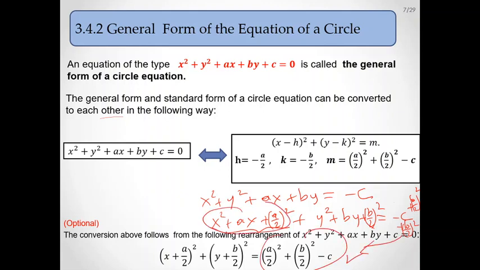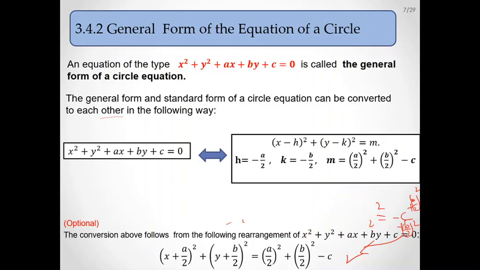And this part will be the square of x plus a over 2, and this will be y plus b over 2 squared. Anyway, you can expand this one, do some calculation and see it. I will not get into the details, but all you have to know is this transition.